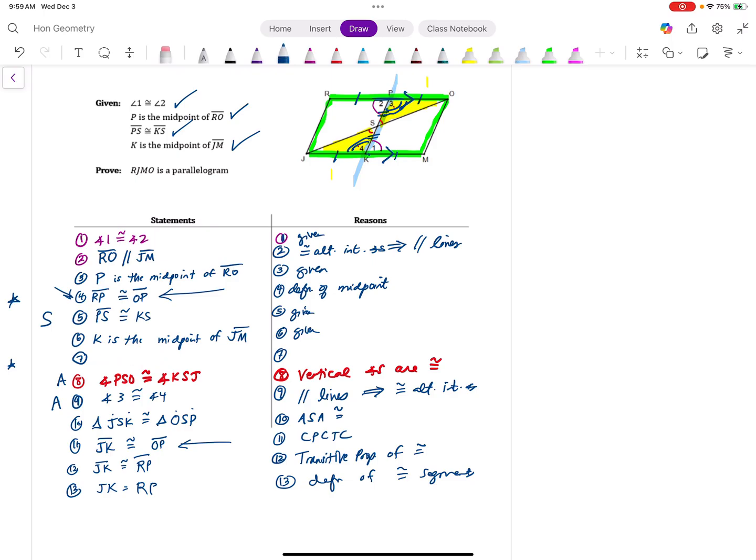What if we just do, if K is the midpoint, then we know that JK is half of JM. And then if P was the midpoint, then we know that, let's see, so 14. OP is half, oh, I gotta change this midpoint theorem.